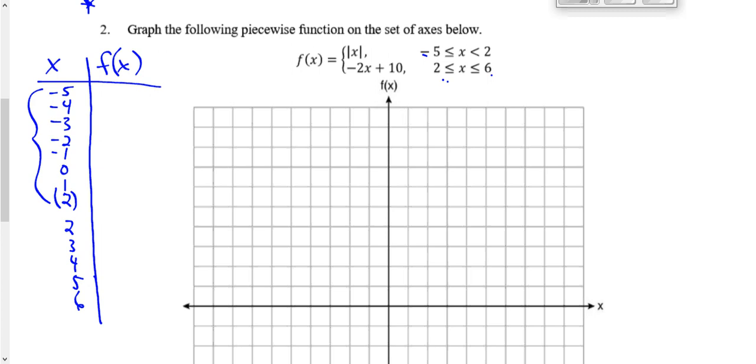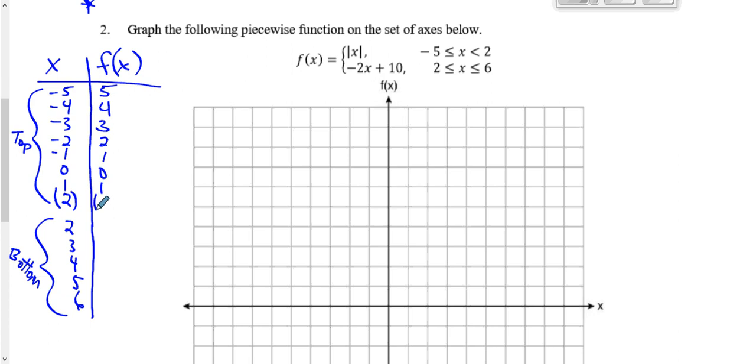Which one does a -5 go in, everybody? So what's the absolute value of -5? 5. Just keep going. So let me fill this out here. That would be 4, 3, 2, 1, 0, 1.